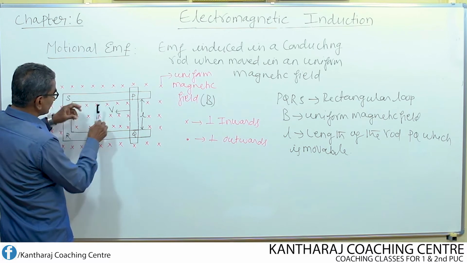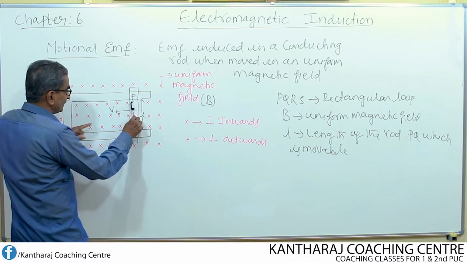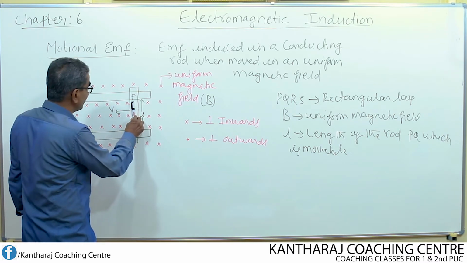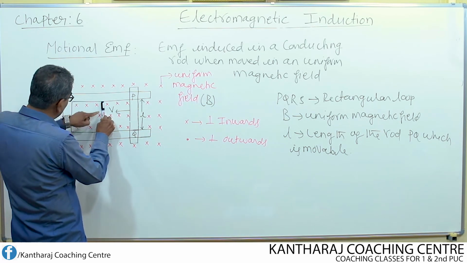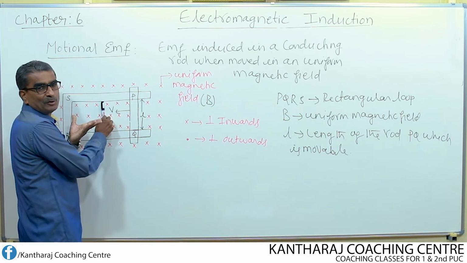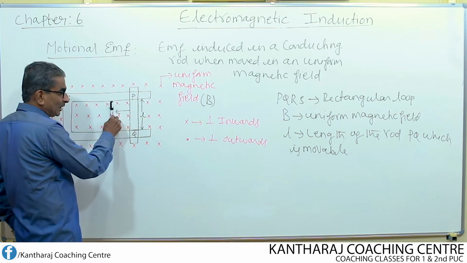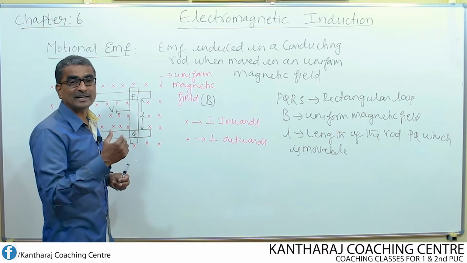Initially the rod was here. Large area encloses a large magnetic flux. When the rod is moved and brought to this position, only a small area encloses a small amount of magnetic flux. That means when the rod is moved from one position to another, the area decreases, so the flux enclosed by the loop also goes on decreasing.